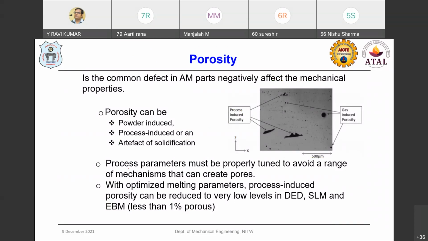All these need to be addressed when you finely tune the process parameters. If you optimize the process parameters and the melting efficiencies, you can minimize the process-induced porosity. But if it is an artifact of solidification, that needs to be addressed with respect to the material, the solidification conditions, the solidification profiles, the cooling rate, and the thermal temperature gradient.